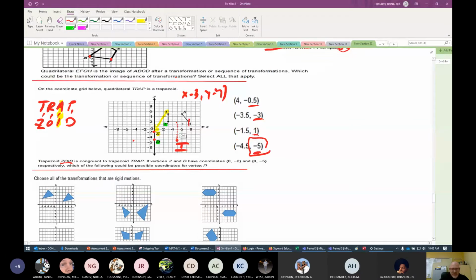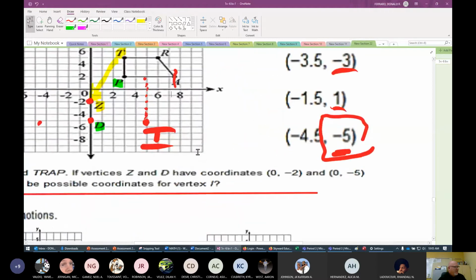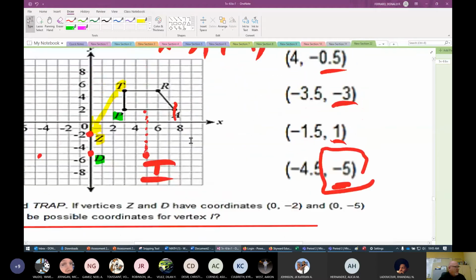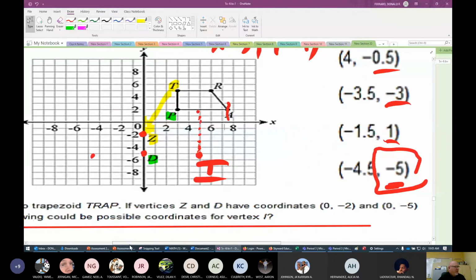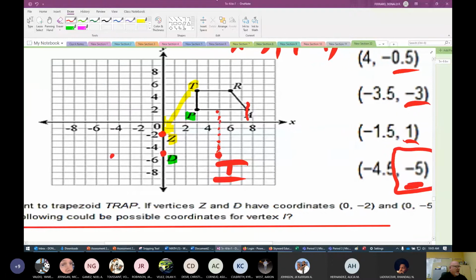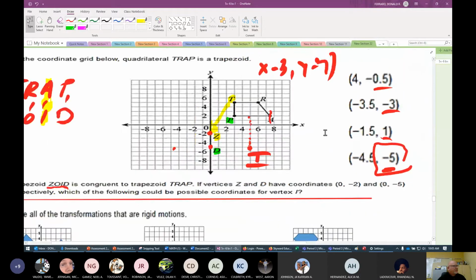And if you notice, this falls in between. Let me see if I can zoom in on this. A falls in between 7 and 8 there, and it is 4.5 to the side, 4.5 to the right of P. So I need to zoom this back out.